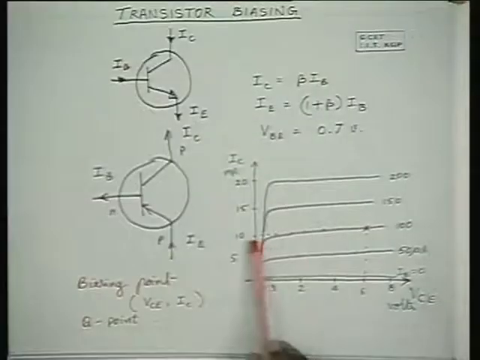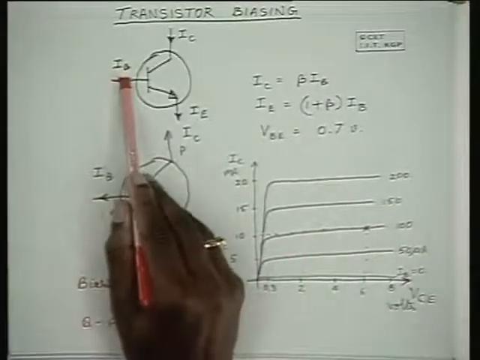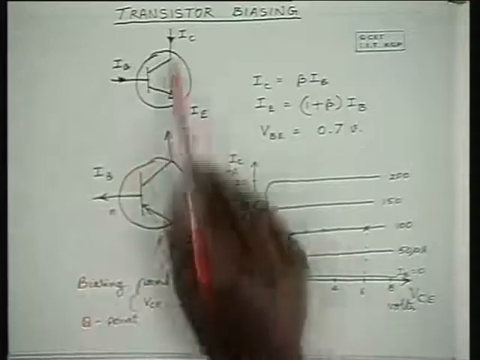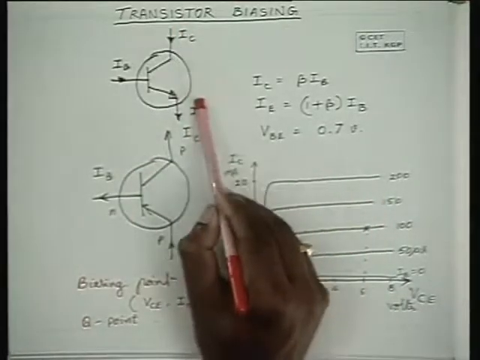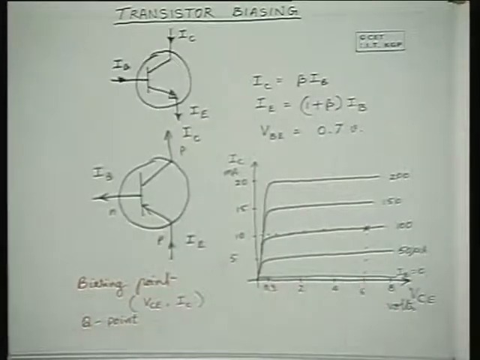Well, it produces, say, a base current of 100 microamperes, a collector current of 10 milliamperes, and a collector to emitter voltage of 6 volts. This is how it is specified. Hence it is known as a quiescent point, because under quiescent conditions the voltage between the collector and emitter and the collector current indicate the quiescent point.